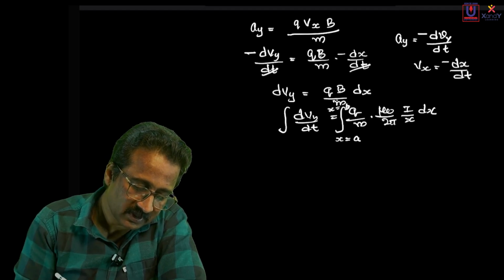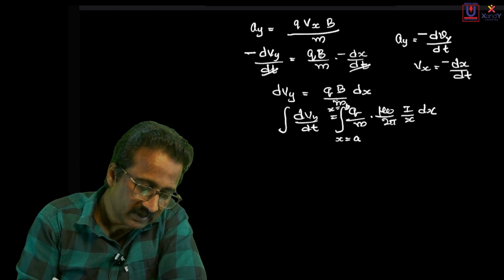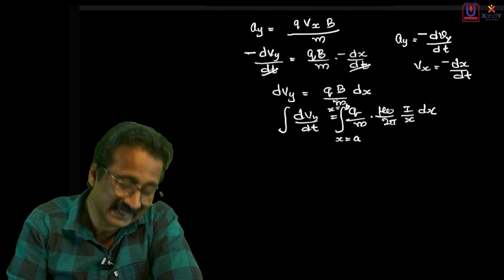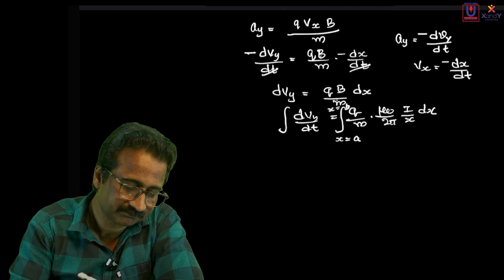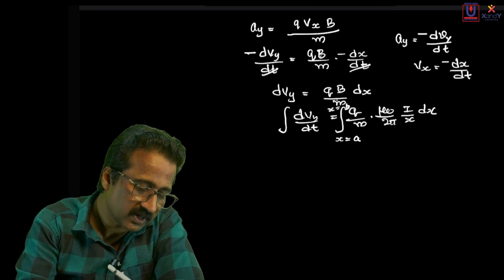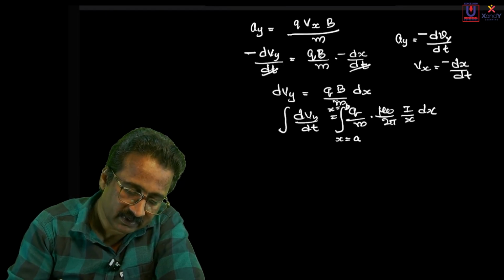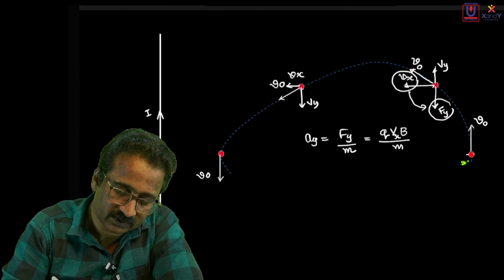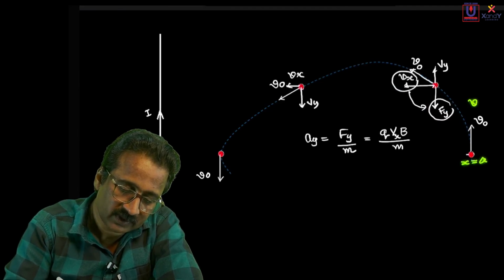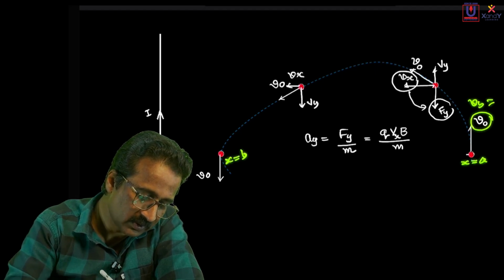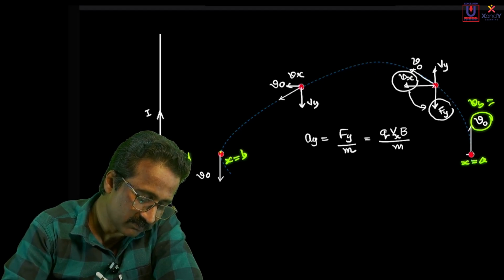All right. Now let's come to the velocity, the left side. Left side, dvy by dt. What are the corresponding limits? When x is equal to a, this was the position where Vy was equal to V0. And when x is equal to b, Vy has become negative of V0.